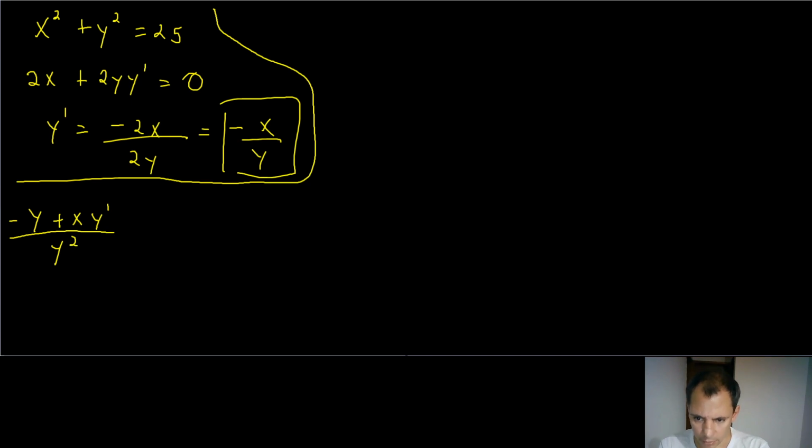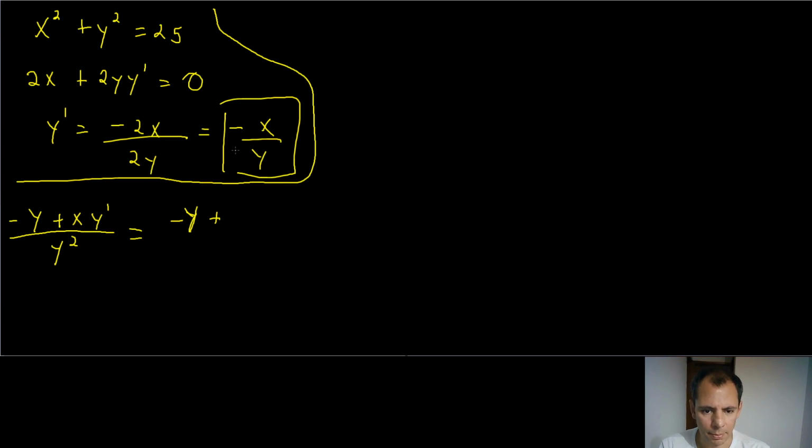Now we found y prime. y prime is minus x divided by y, so we have to multiply this here. So this equals minus y plus x times this.